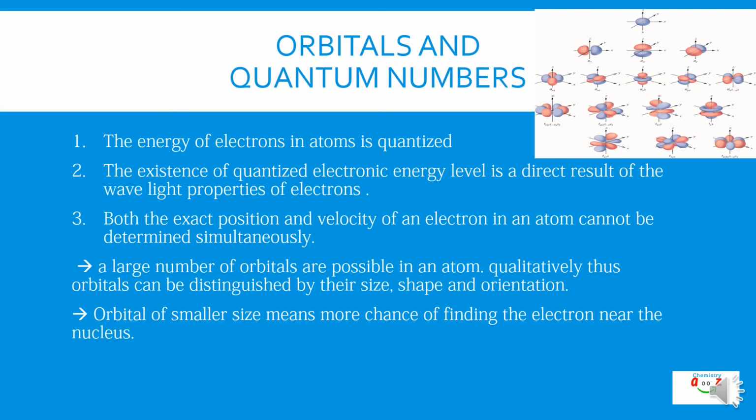Now we'll start with what quantum numbers are and what they represent. Quantum numbers give the idea about the energy, shape, size, and orientation. Actually, there are four quantum numbers and they give different ideas. From that, three quantum numbers are required to specify an orbital.